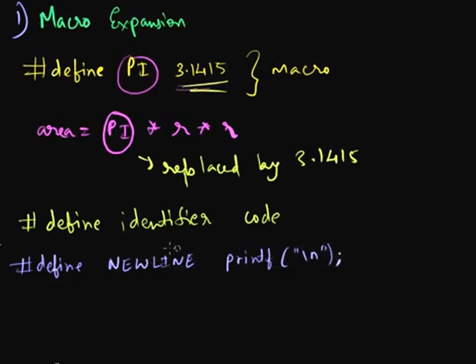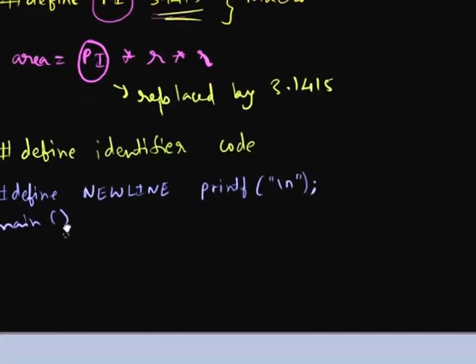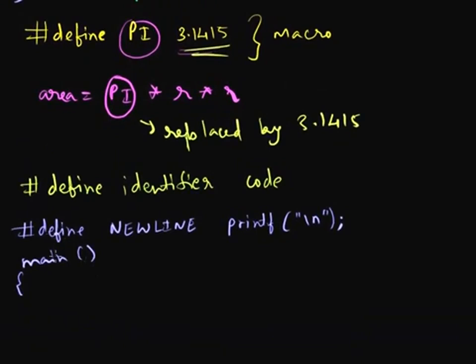So wherever the preprocessor finds new line, it replaces new line with printf. So if you have a function main and you have to print something, printf hello, and then you say new line, and you say another printf.